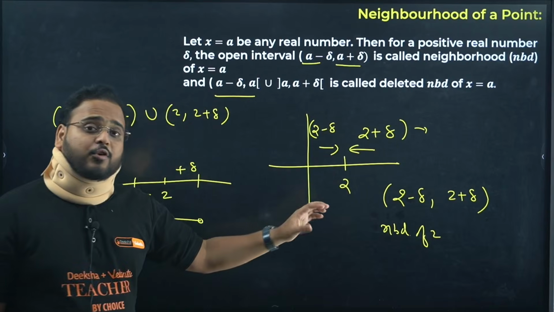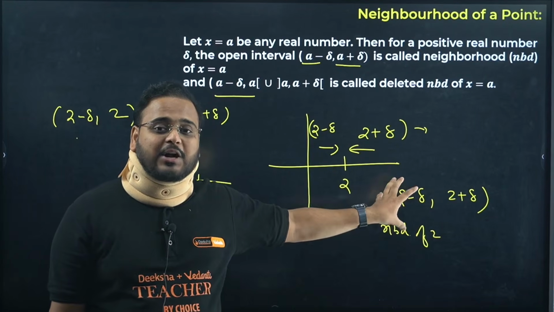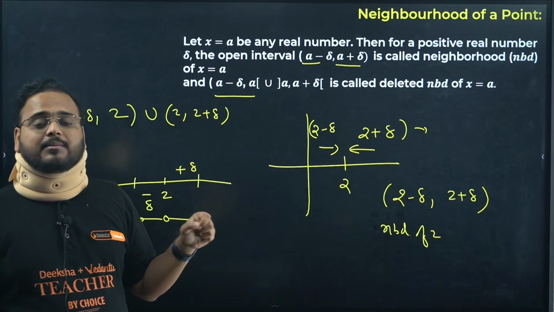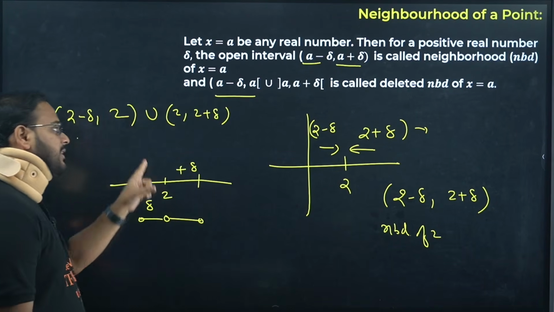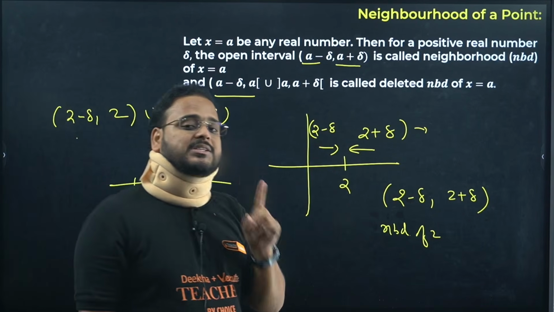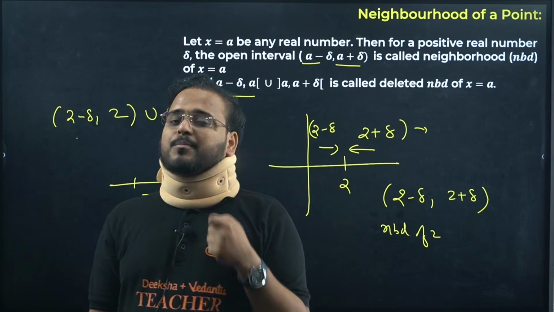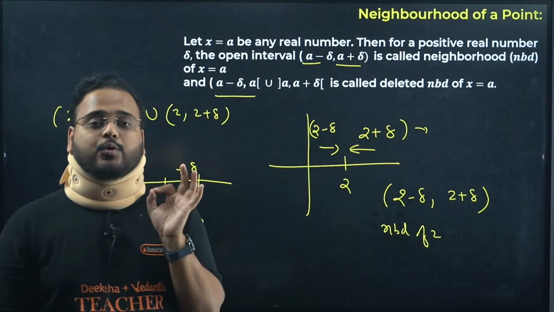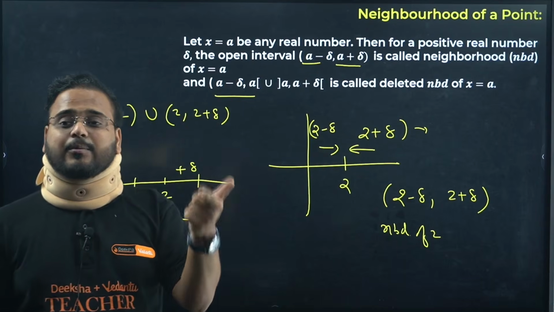Now if you remove that 2 from that neighborhood, then that becomes the deleted neighborhood of the point 2. See, I have taken it out. At both the points, both the intervals, 2 is open. It means 2 is exclusive. So when you remove that point A or that point 2 from the neighborhood of that point, that becomes the deleted neighborhood of the point.